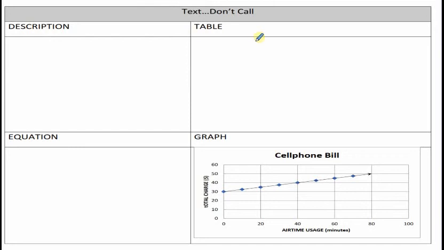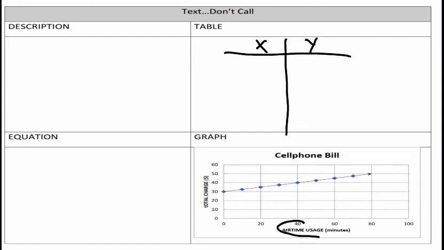And so again, when we talk about table of values, we are talking about a t-chart, often shown as x and y. Now just to be clear, along the x-axis in this graph is the airtime usage for this cell phone bill. By airtime usage we mean when you use your phone as a phone, like for actually calling somebody and talking to them.